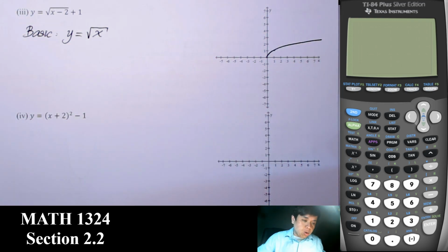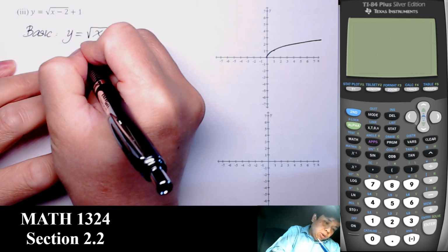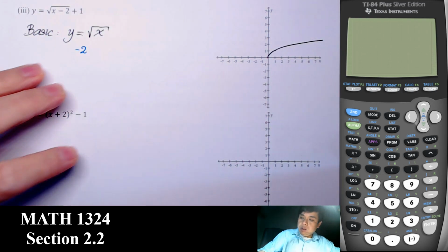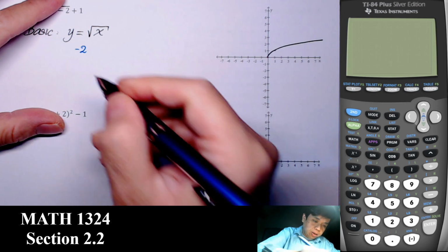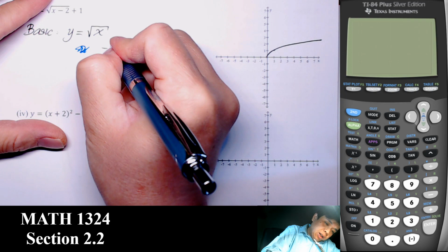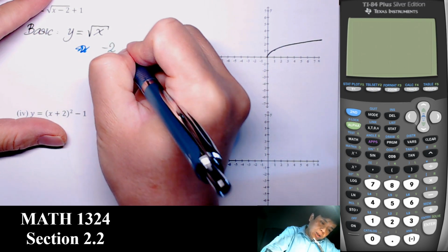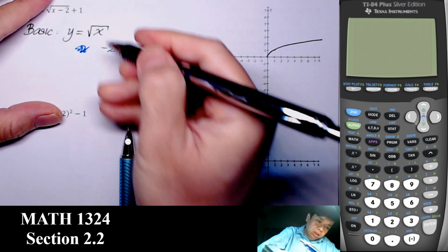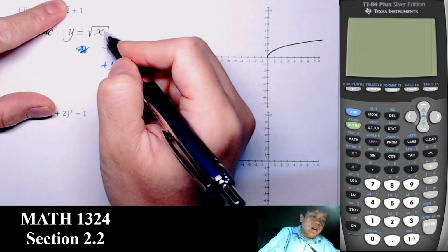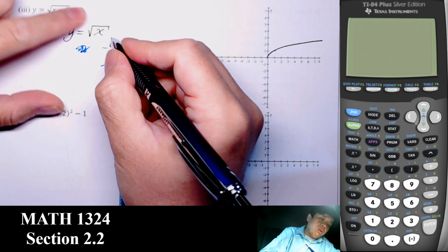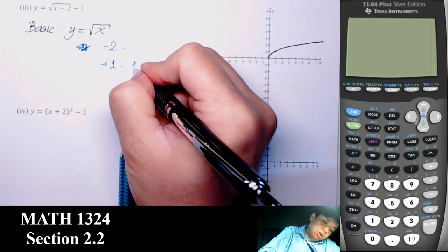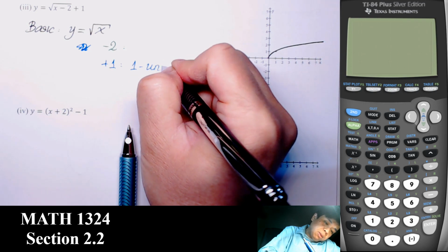Now we have two components, the -2 and the +1. The +1 is on the outside of the square root, right? So the outside affects the graph vertically. In this context, it is up and down. So in particular, 1 unit up.